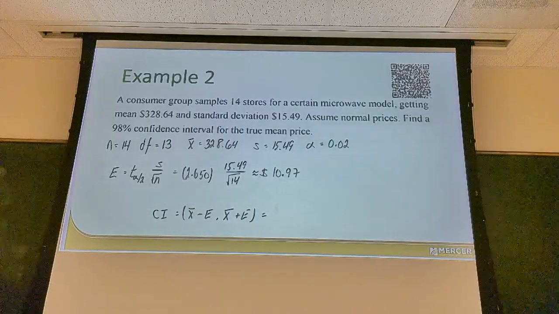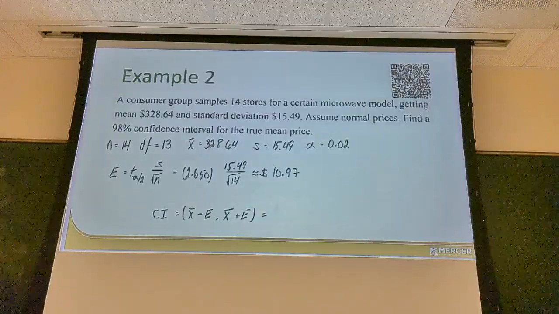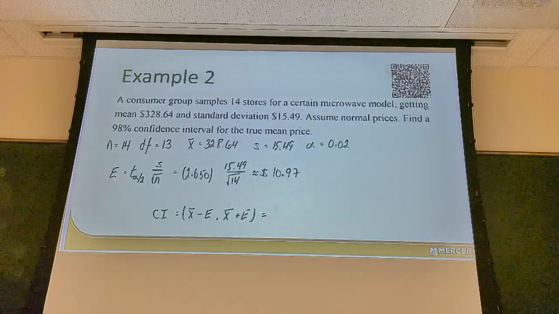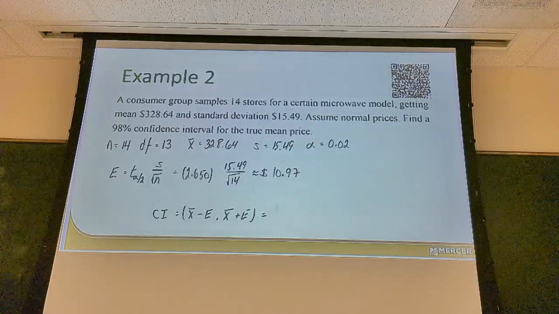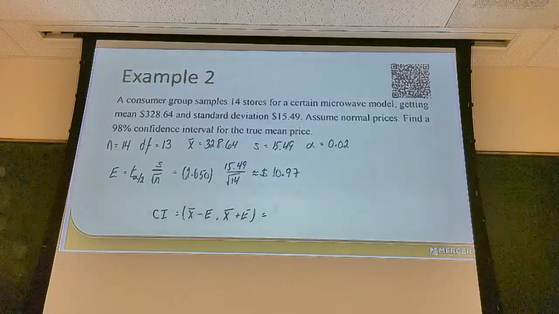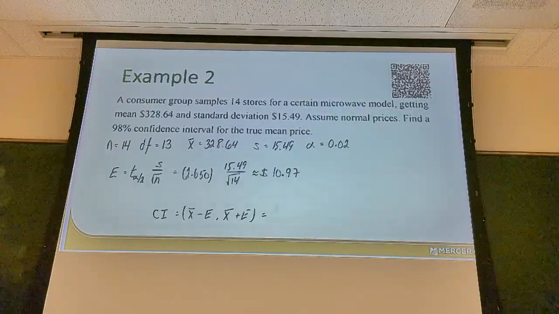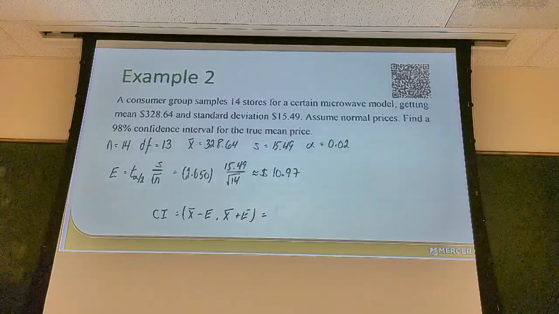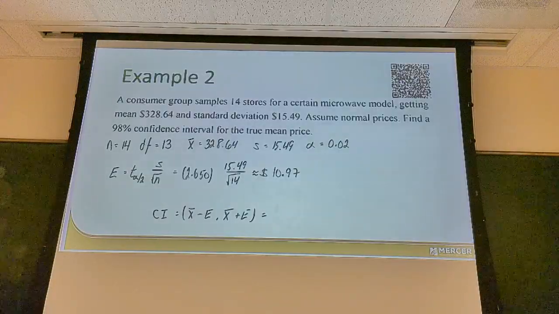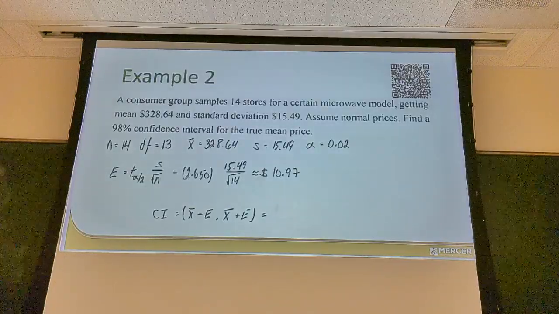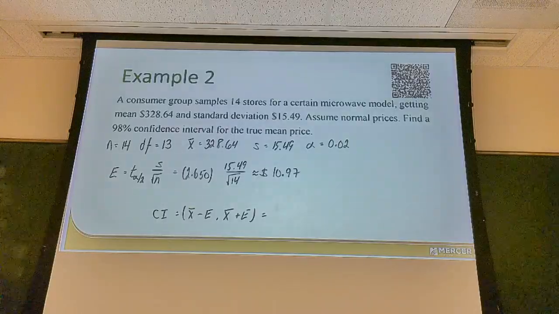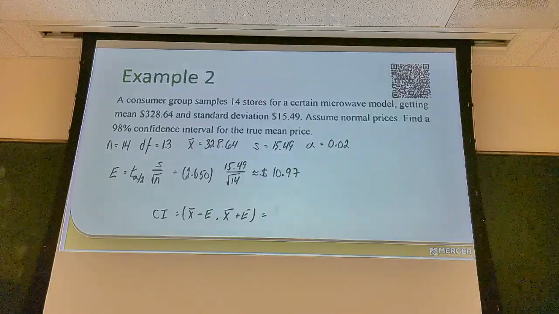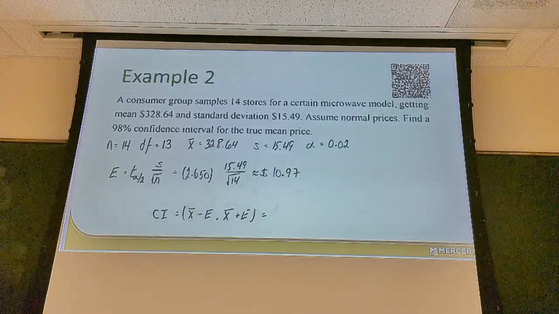X bar is 328. 317.67 to 339.61. Again, make sure you can get these on your calculator. Make sure you know how to do the calculations.